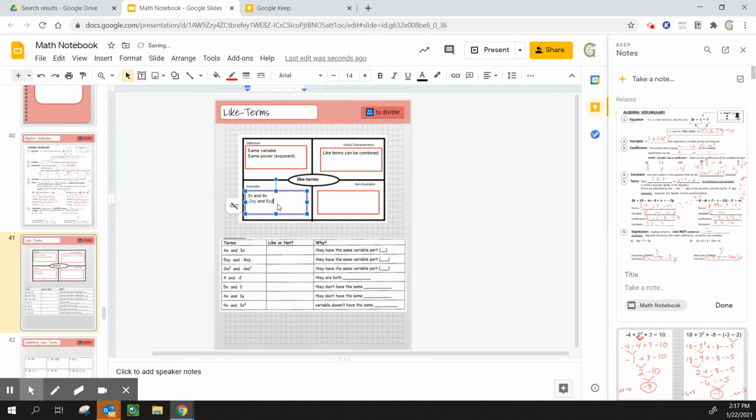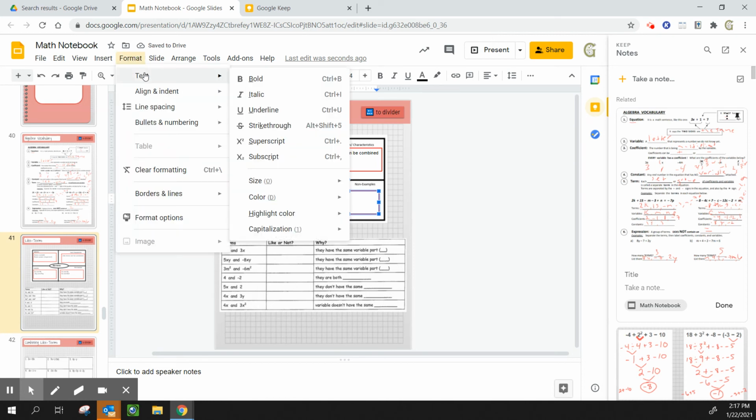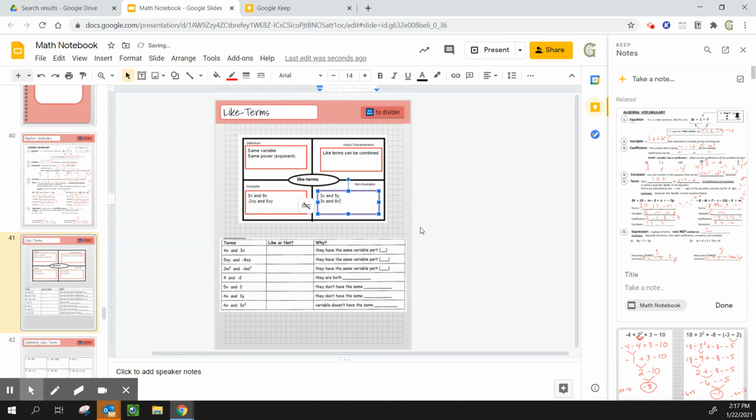Again, still to the same power, doesn't matter what coefficient you have. I could also have things to the second power, third power, etc. So non-examples would be something like 3x and 5y, because they don't have the same variable. Or something like 3x and 6x squared. To make the little square go above, I can highlight it, go format, text, superscript. So those two are not like terms because they don't have the same power.